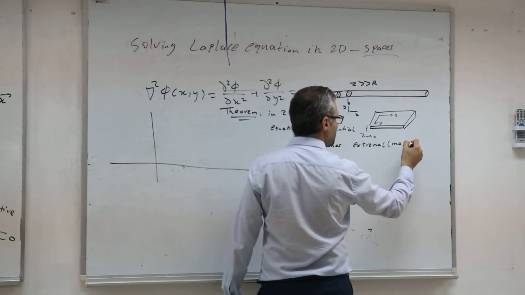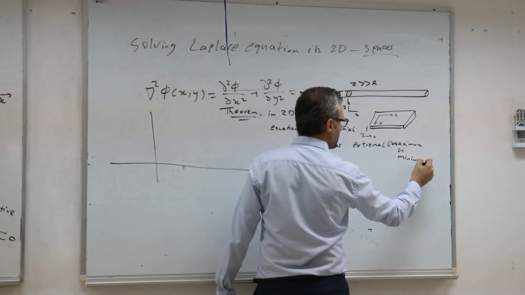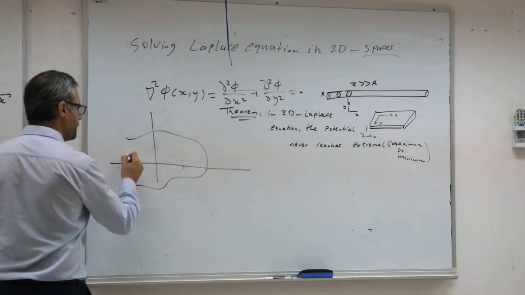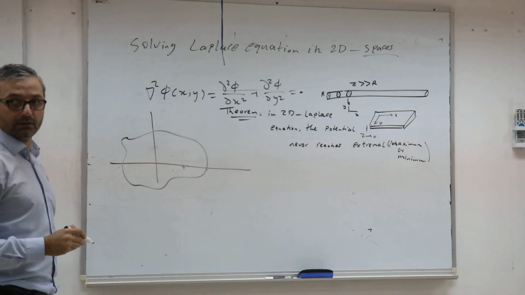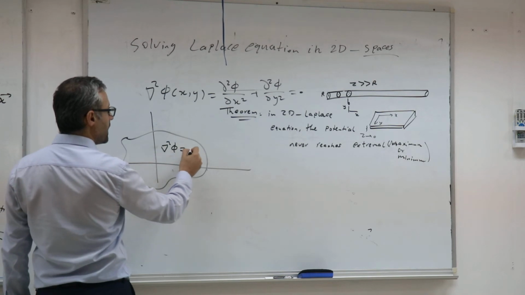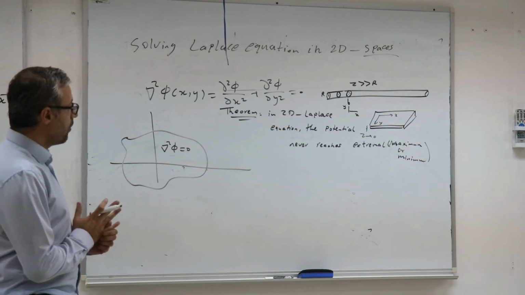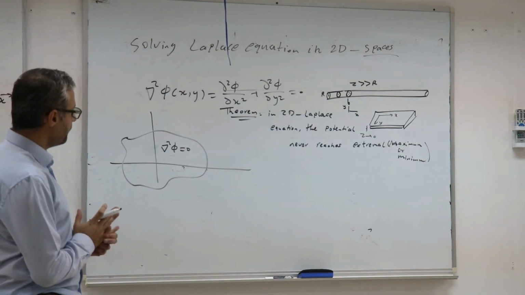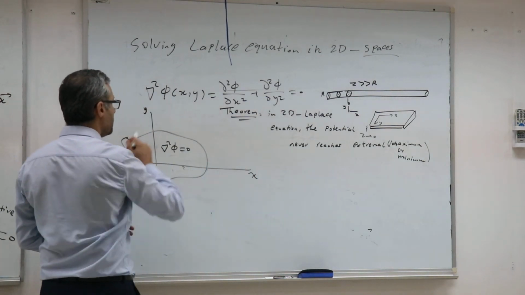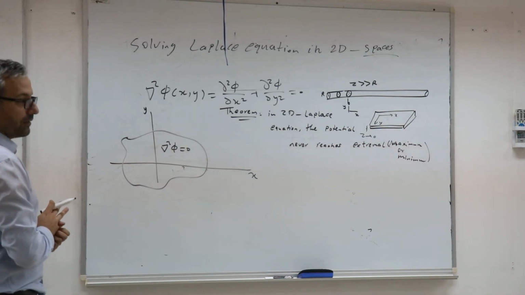Extremal means maximum or minimum. Very strange. Say this is your system, this channel or anything you want, and you are looking for the solution for some reason, for example the electric potential or the fluid potential. This theorem says that as long as the Laplacian is 0, the potential never gets any maximum or minimum.